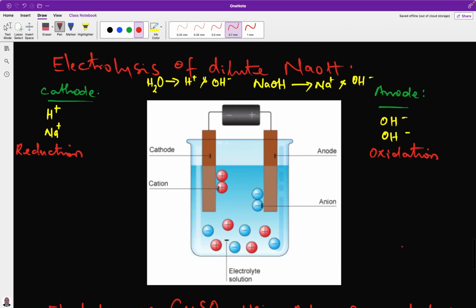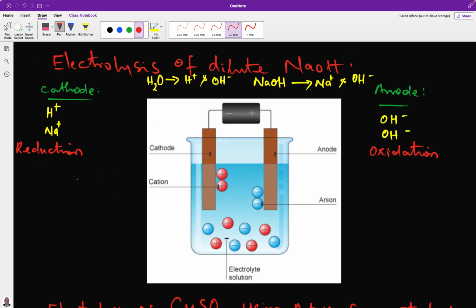Okay, now here we are going to take hydrogen. Hydrogen is going to undergo reduction. That is gain of electron, to form the hydrogen gas.